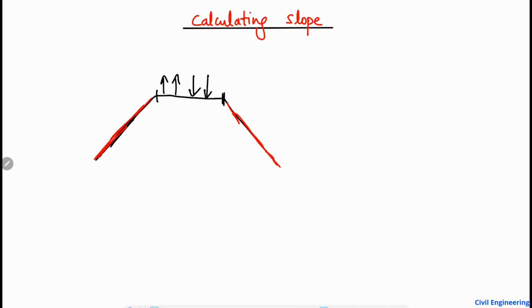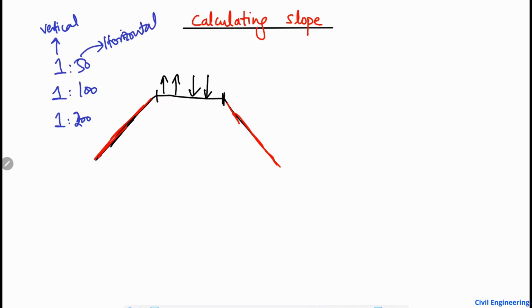Mostly the slope is given in the form 1:50 or 1:100 or 1:200 and so on. Mostly it is written in this form, where the left side value represents the vertical value, and the right side value shows the horizontal dimension of the slope.